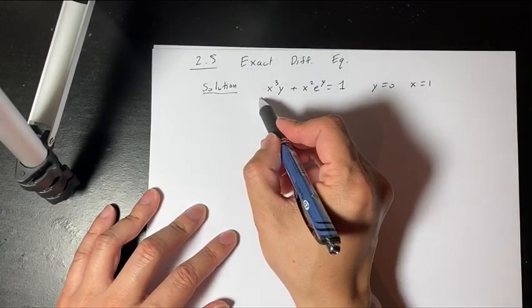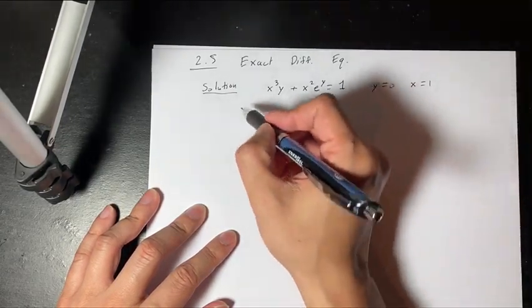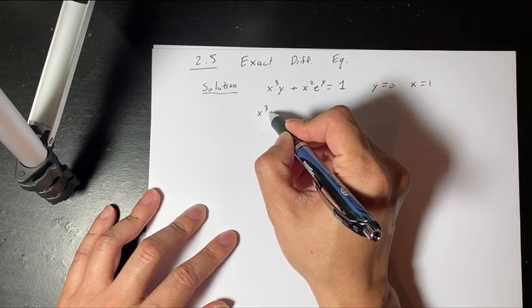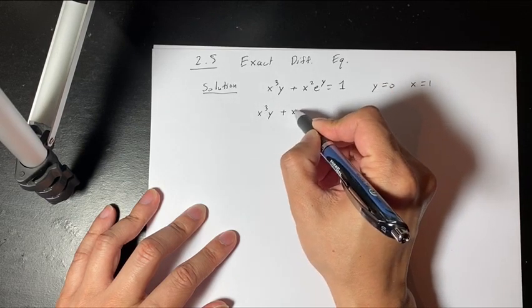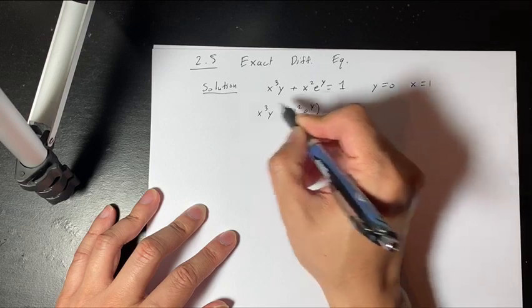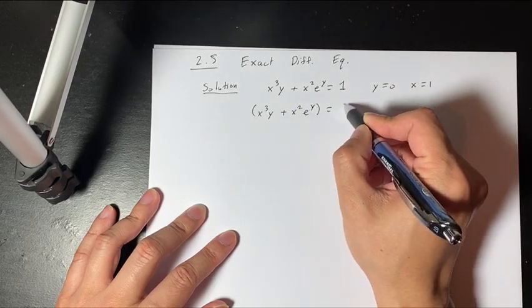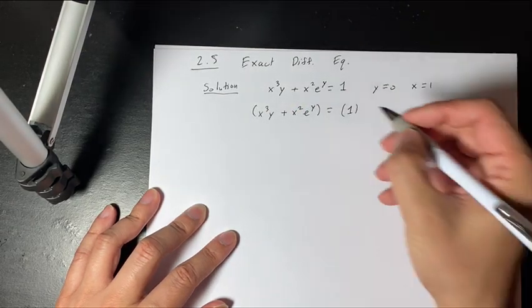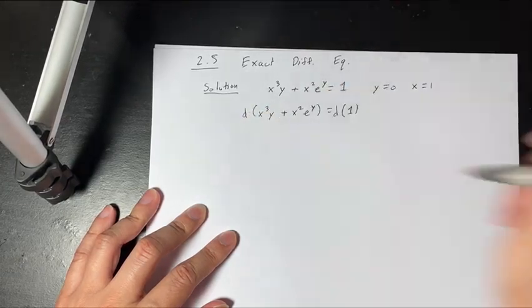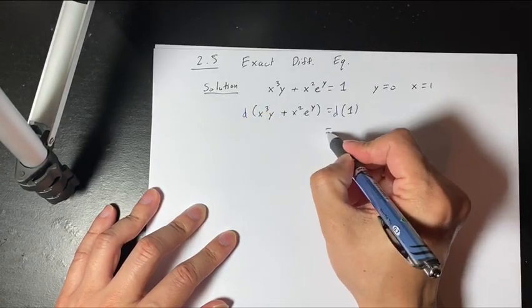And I'm going to differentiate the left and the right, so let's see what we get. And so the right side's a 0.